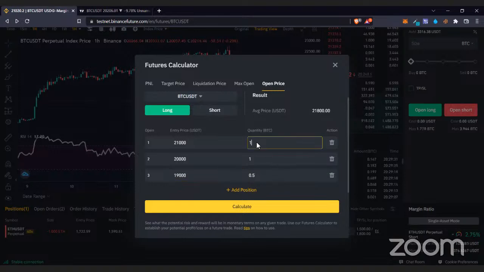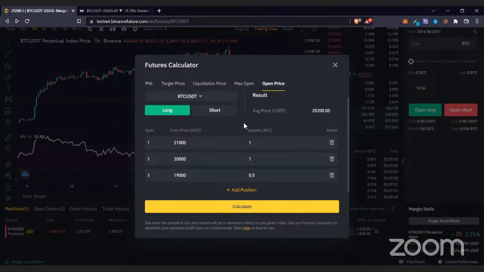So here, when we enter the market, we enter 1 Bitcoin, and the second time when it drops to 20,000, we open another position for another 1 Bitcoin. And then when it drops to 19,000, we open another position for 0.5 Bitcoin. If I go ahead and calculate, our average price will be at 20,000, meaning that if Bitcoin is at 20,000, we are just within this range.